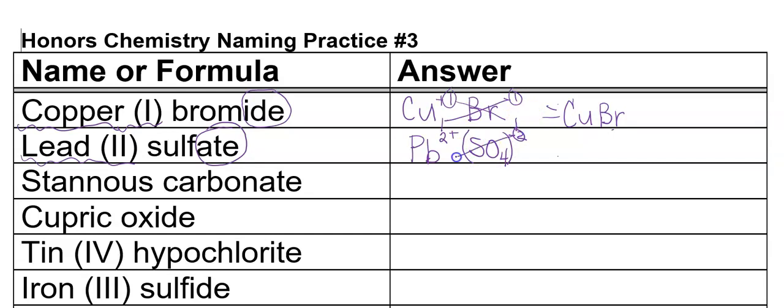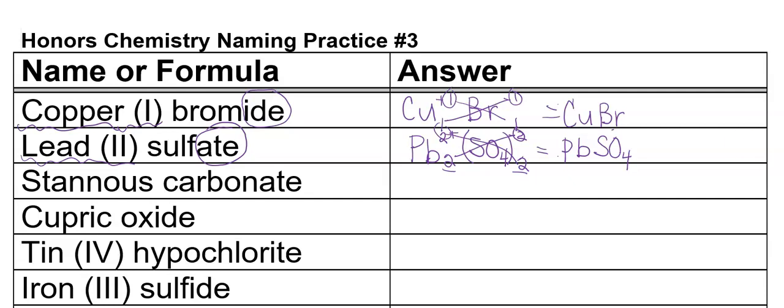I'm going to take the values only without the charges and crisscross them down to the subscripts. What you need to note here is because both of them are 2, we do reduce them as we would in math class. And we would rewrite this formula as Pb without the parentheses, SO4. So lead 2 sulfate is PbSO4. Lead 2 can also be used as plumbous, so I could have said plumbous sulfate is PbSO4.